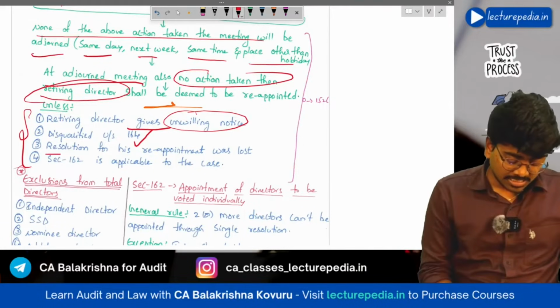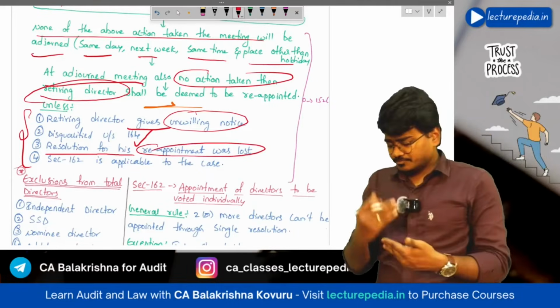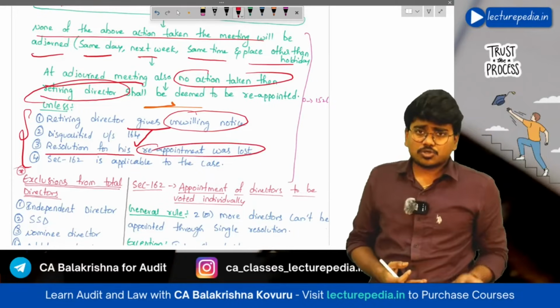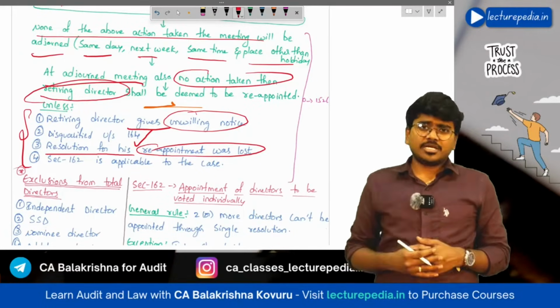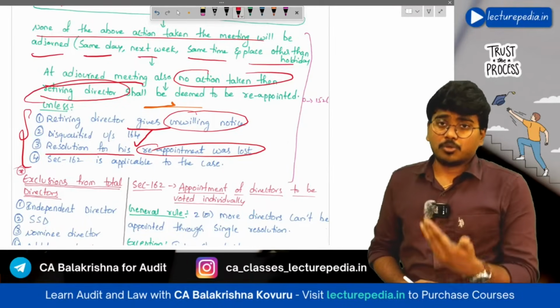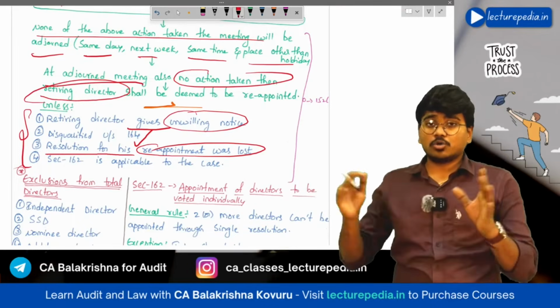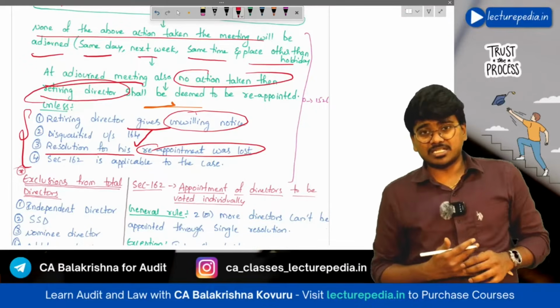Next, the resolution for his reappointment was lost. Either at the actual meeting or at the adjourned meeting, the resolution has been proposed to reappoint the retiring director, but shareholders have not approved the resolution.